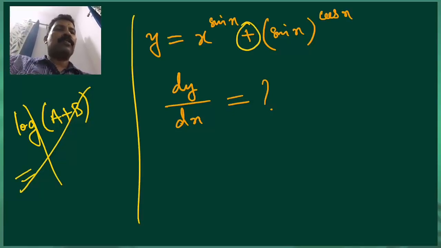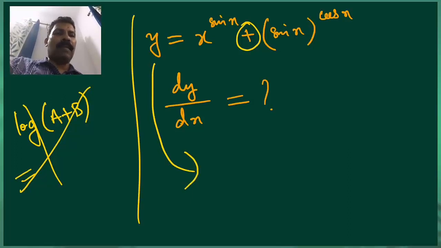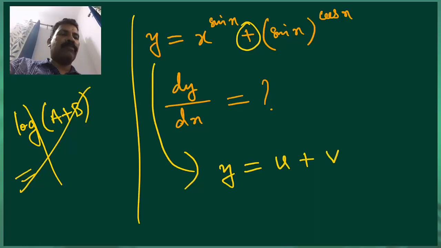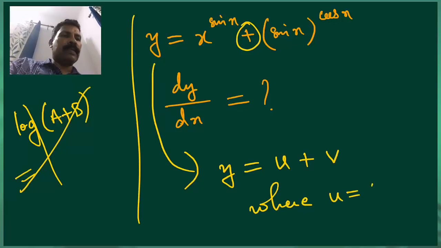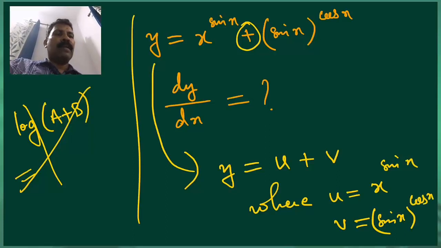Here it is a plus only. So what we have to do is, we will take this as a sum of two functions, so y is equal to u plus v, where u will be x raised to sin x and v will be sin x raised to cos x, like this.